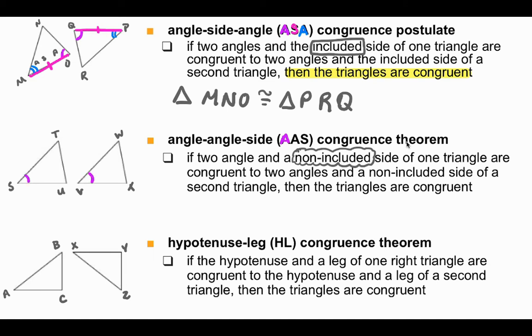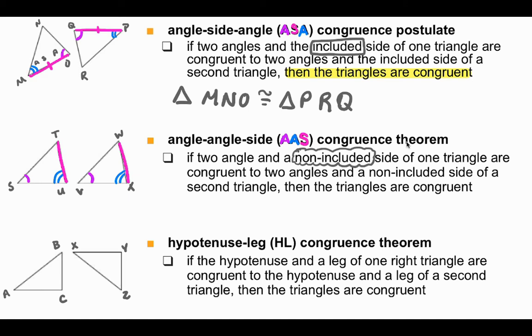We will have our second set of angles identified as being congruent, and then we will have a side that is only connected to one of the two congruent angles. So this time our side only touches one of the two congruent angles instead of both of them.